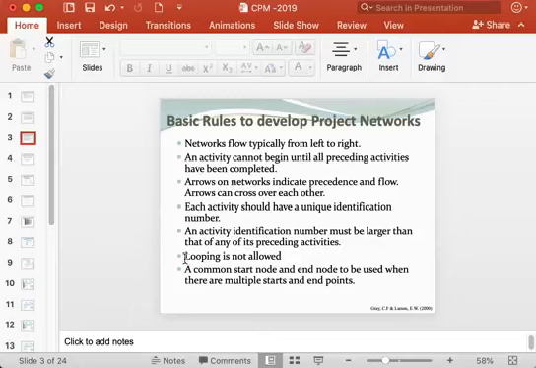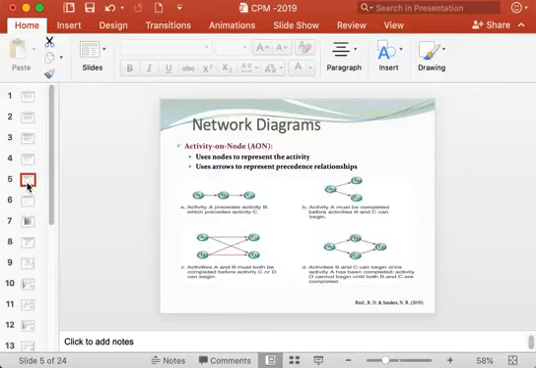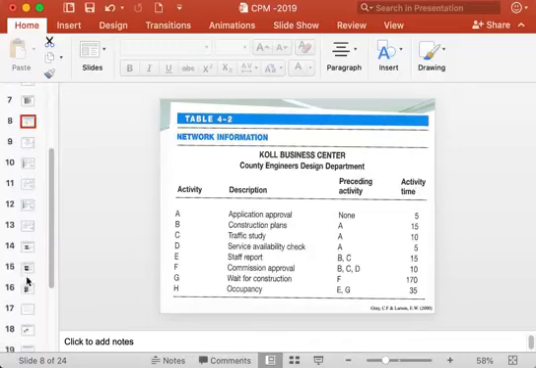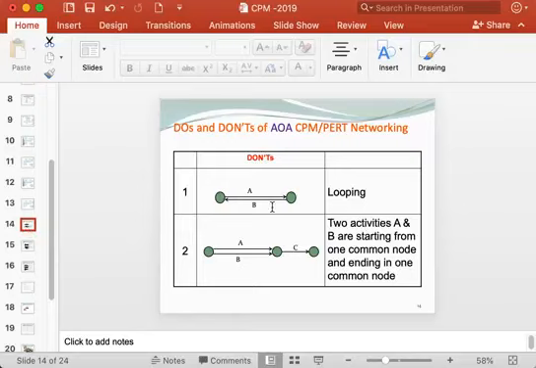Another important rule while constructing a project network is looping. So you should always avoid looping. You should not allow any looping in the project network. Okay, so the example of looping. Here you can see there is a looping here.